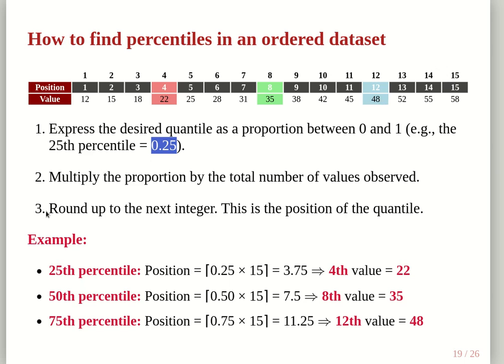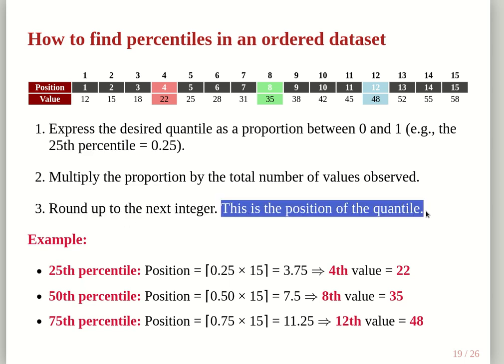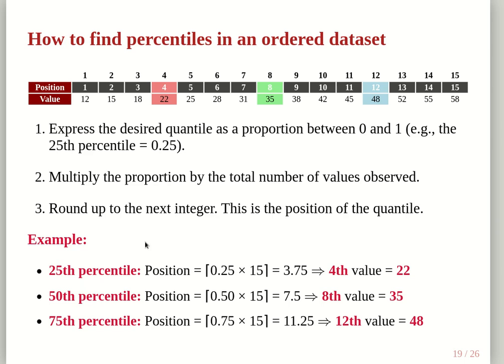The next thing we're going to do is round up that value to the next integer. This is going to be the position at which I have to look for the value that corresponds to that quantile. So for the 25th percentile, first I express it as a proportion, then I multiply that by the total number of observations I have. That results in 3.75. I round this to the next integer, so this is a 4, and this is now the position of the quantile.